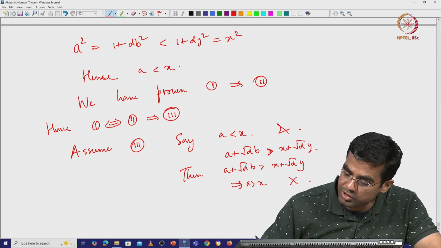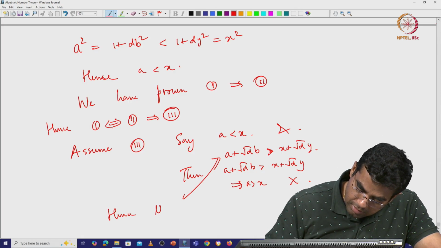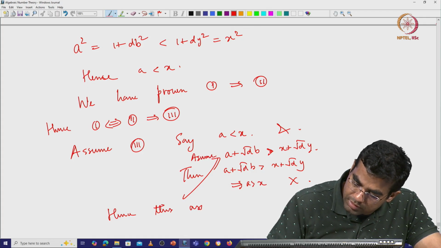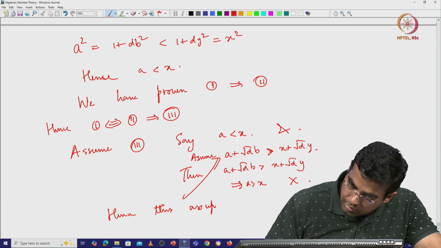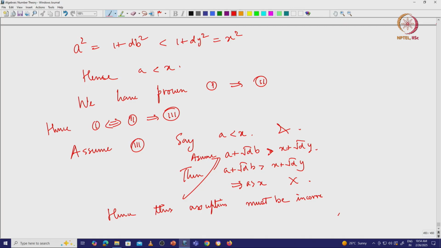So, hence this assumption must be incorrect, and hence 3 implies 1.